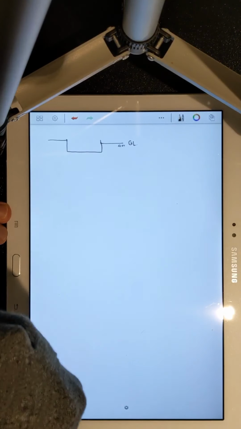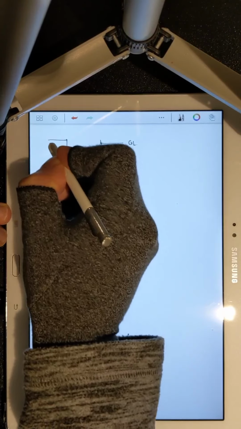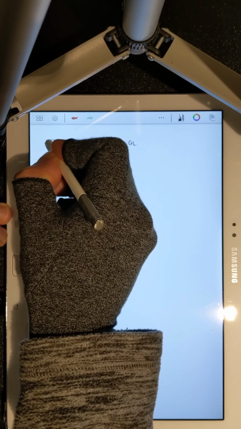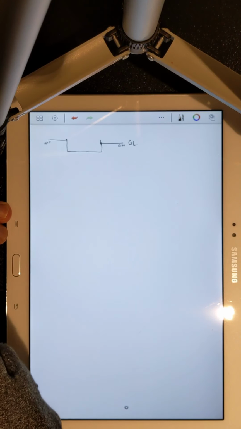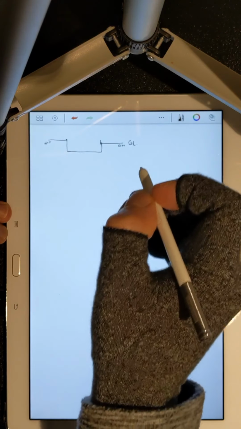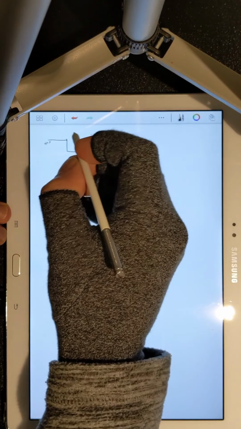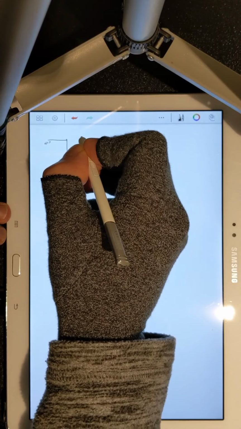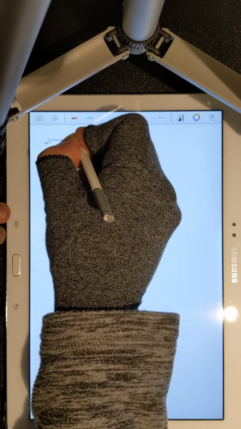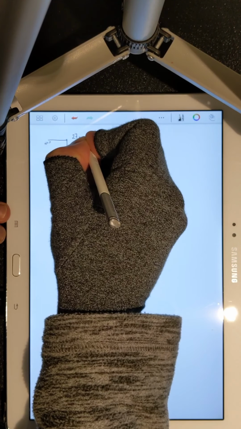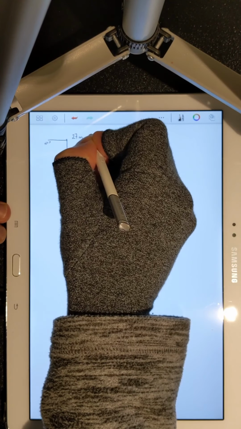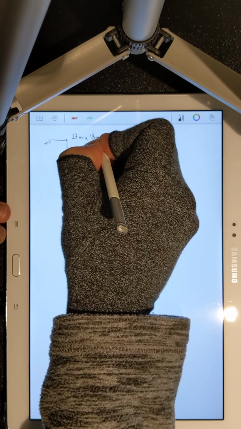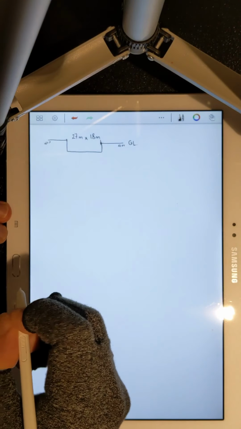The raft foundation dimensions are known. That's 27 meters by 18 meters. And then the embedment depth is 3 meters.